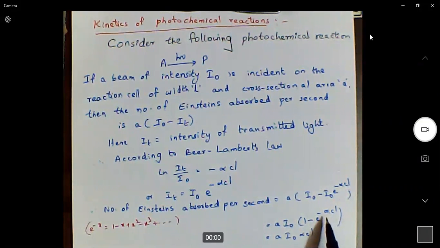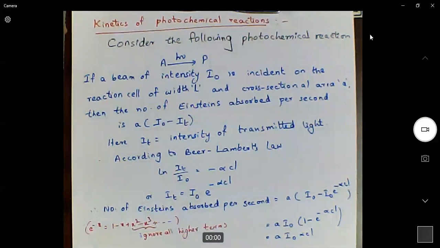Alpha square becomes even smaller. So we can ignore all additional terms. We have derived an expression for number of Einsteins absorbed per second.